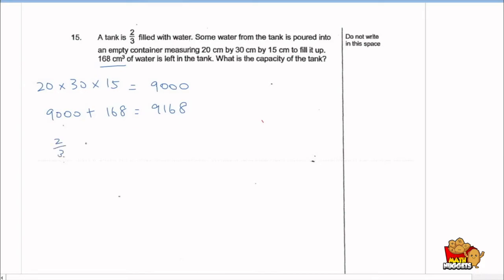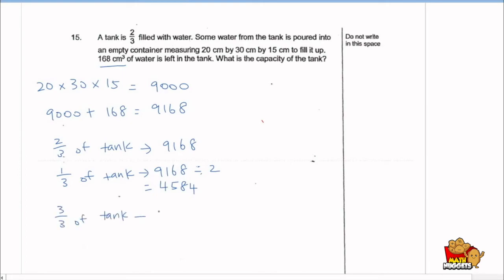So 2/3 of tank is 9168. So in order to find out what's 1/3 of the tank, I take 9168 divided by 2 to get 4584, and I can find the capacity of the tank, which is the whole tank, 3 out of 3.